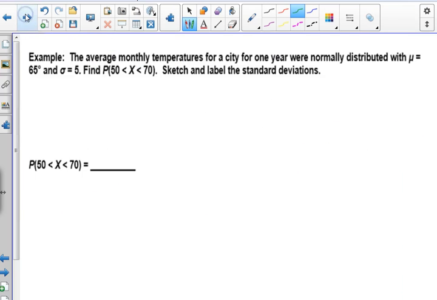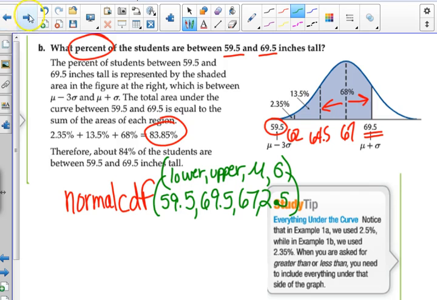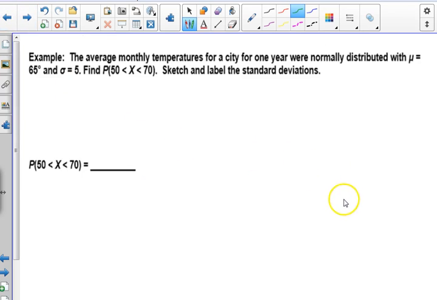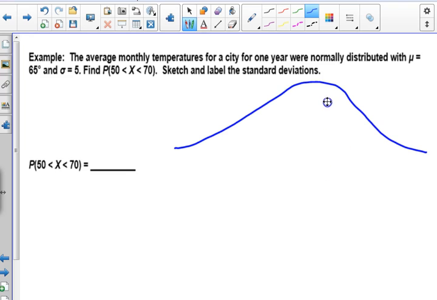All right, we're going back. You have this question, yes? Okay, let's do it by hand first. Can we do one by hand? Whoa, that's a horrible sketch, but we're going to go with it. The mean goes in the middle and you write 65. Then what am I supposed to count by going up and down?